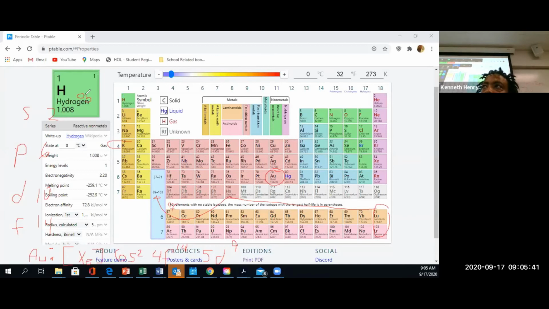If I could spell orbital, if my computer will continue working. Okay, do you guys see it? Orbital? Okay, so the S has 1 orbital, the P has 3 orbitals, the D has 5 orbitals, and the F has 7 orbitals. You guys get that?